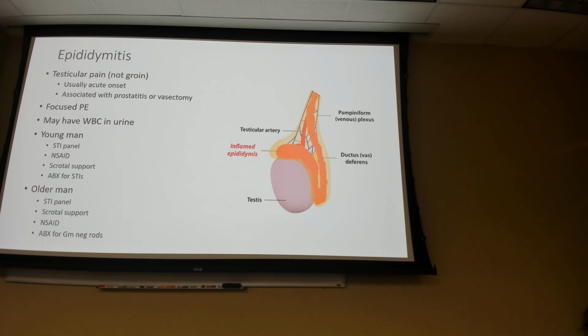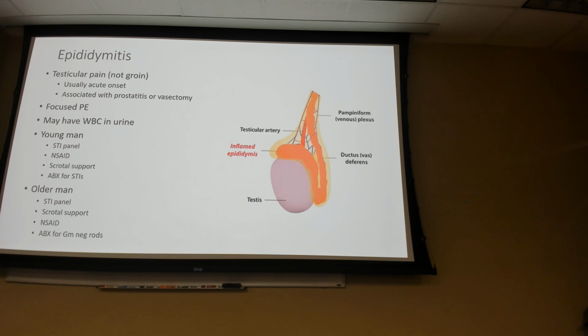It's a rough rule of thumb. We say 35, I don't know where we do the cutoff, but really whether we think they have a sexually transmitted infection or not is what we base our treatment on. Since we don't get STI panels back in a reasonable amount of time, it just guides what sort of antibiotic management we do for these patients.